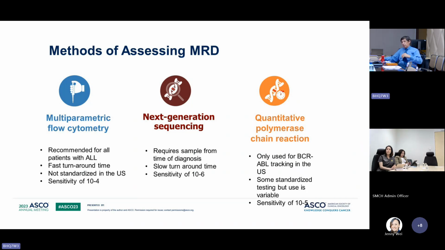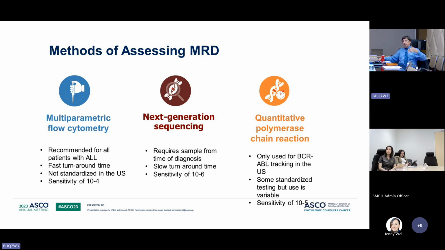I will say there's a new company now that has promised to turn around next-generation sequencing in 5 days. So for most of our acute leukemia patients on research studies, we will do what we can to bridge them for 5 days while we wait for Foundation Medicine to get a turnaround. And then we have quantitative PCR. For those of you in the room earlier, we heard a case about BCR-ABL tracking. There are a couple of other genes you can follow by PCR, WT1, FLT3.